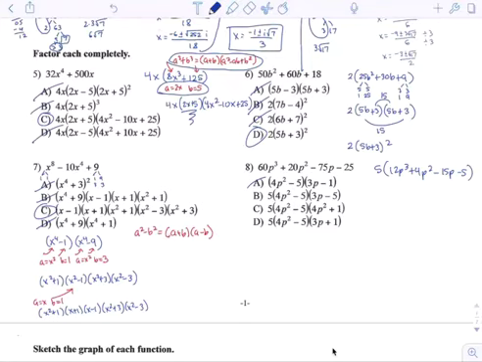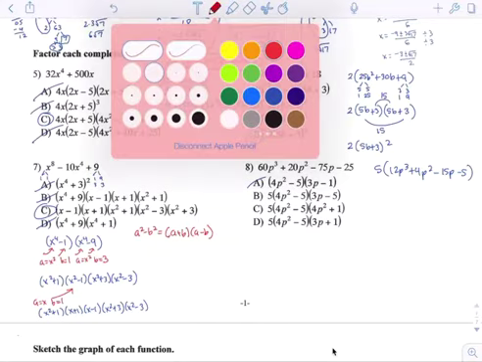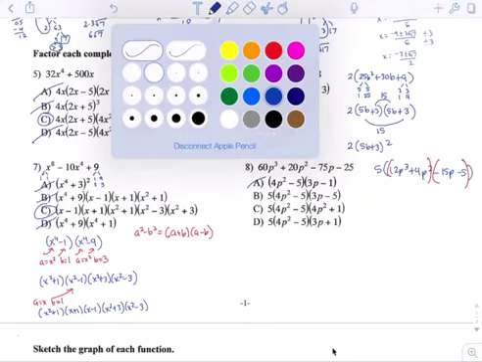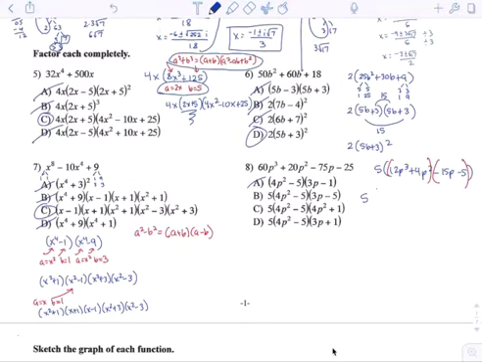Alright, since we have 4 terms, this is factoring by grouping. So we have to group this one, and we have to group that one. For the first grouping, we can factor out a 4p squared, so 4p squared times 3p plus 1.